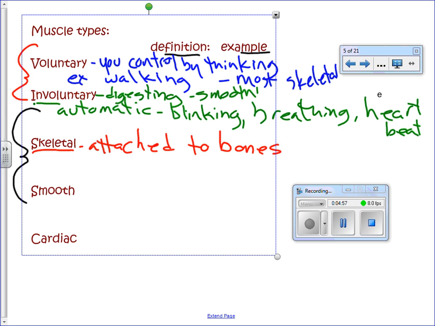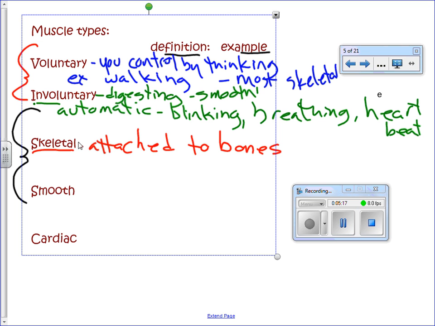Mostly. Yesterday it was mentioned there are also muscles in your face that allow you to smile and blink and make funny faces. Those are attached more just to the skin. There are some examples like that, but for the most part, skeletal muscle is attached to your bone.